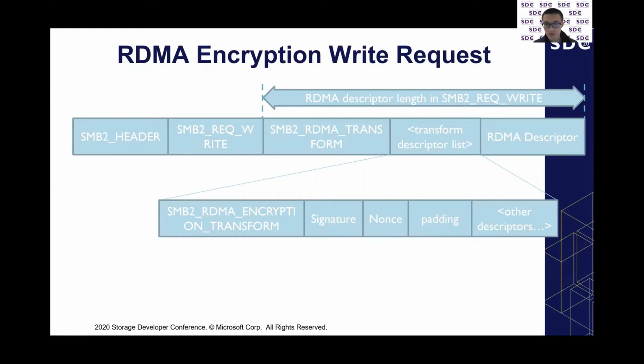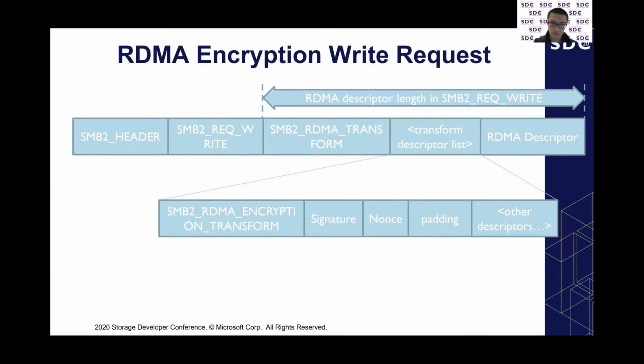Following that is a list of transform descriptors. For example, we have encryption, and anything that's interoperable with encryption can also be added in this list. Then in the end, for a write request, you need your RDMA descriptor you got from the SMB Direct module.